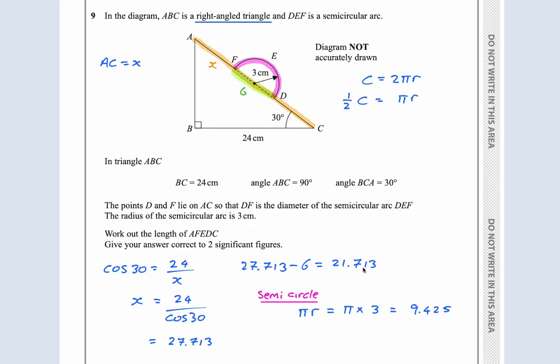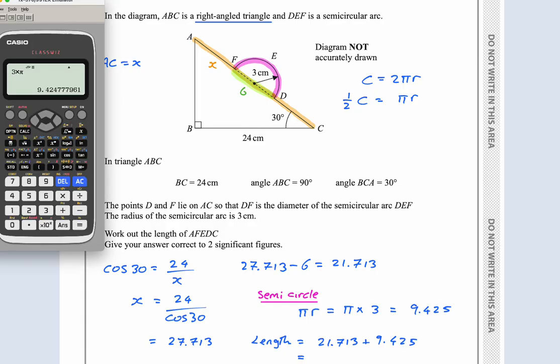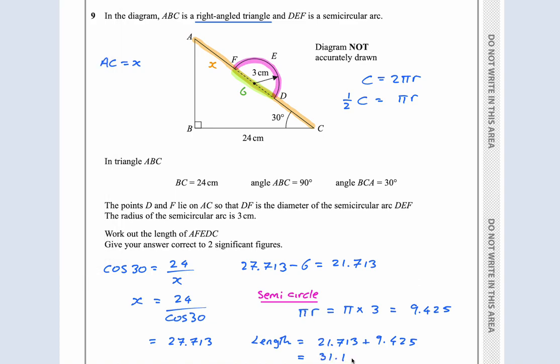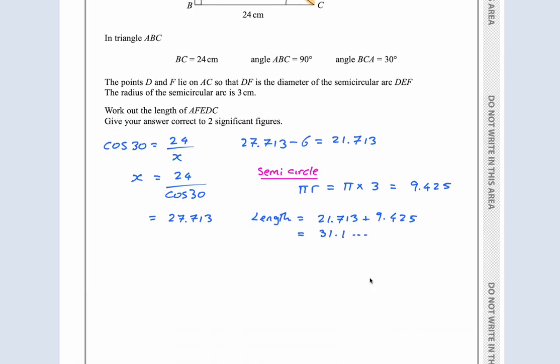9.425. So the total length is equal to this 21.713 plus 9.425, which gives me 31 point, well, he wants two significant figures, so 31.1 dot dot dot to two significant figures is just 31.